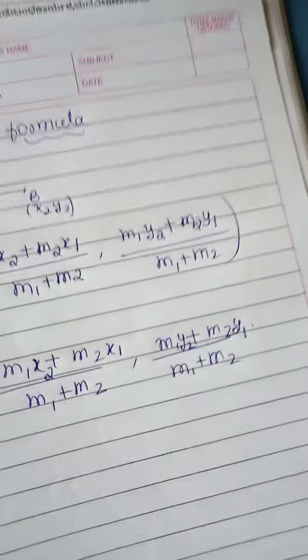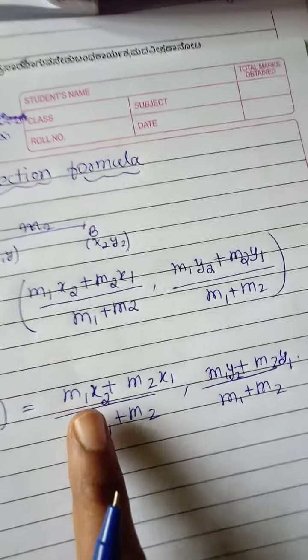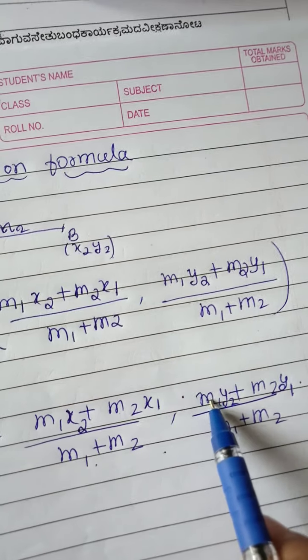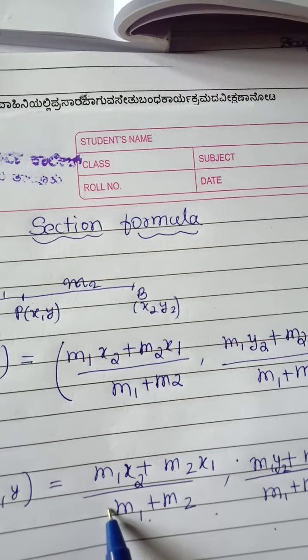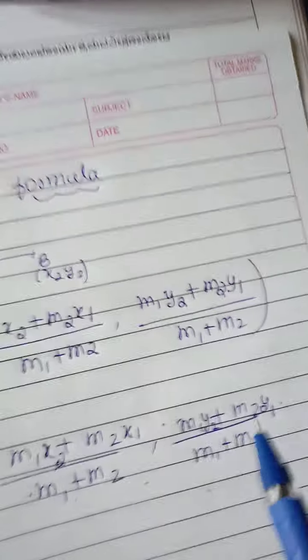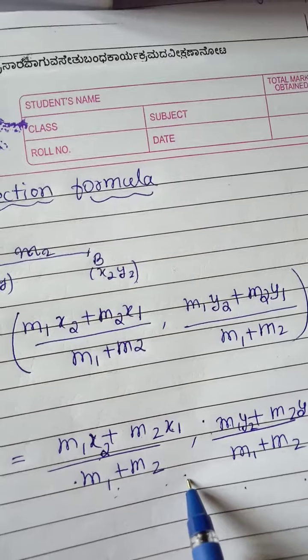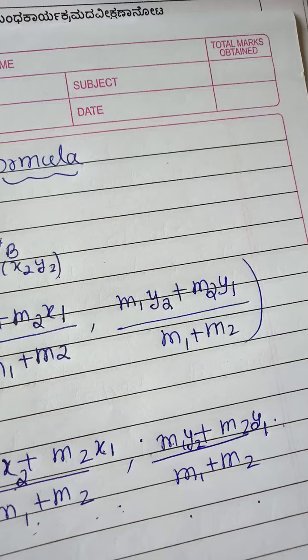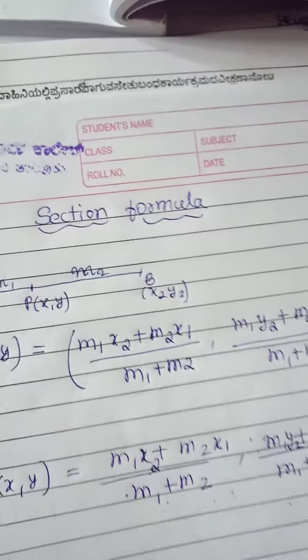This is the simplest method to remember the section formula. Next, add m1 and m2 with x2 and x1, and here with y2 and y1. So we get the formula (m1 x2 plus m2 x1) divided by (m1 plus m2). Similarly, (m1 y2 plus m2 y1) divided by (m1 plus m2) is nothing but the coordinates of P(x, y), that is known as the section formula.